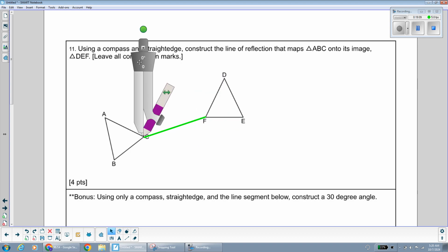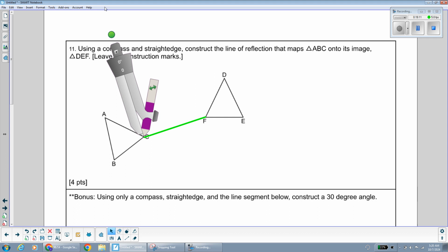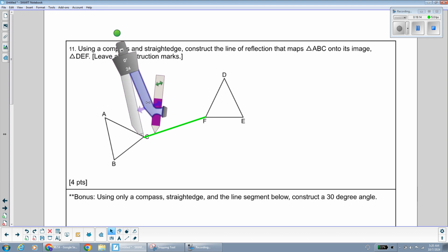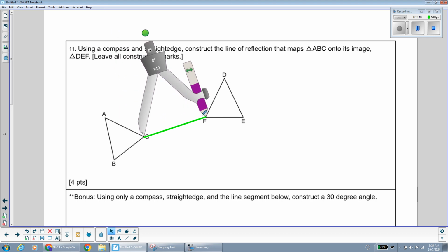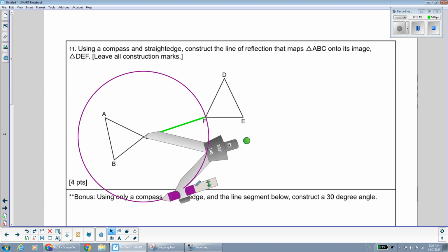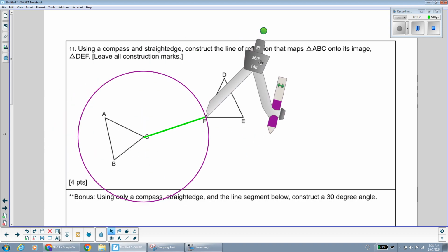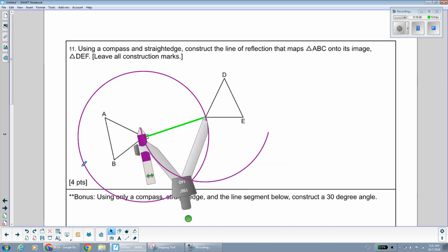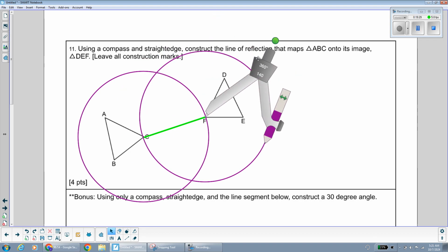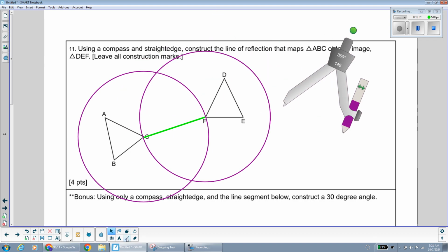And remember, we are perpendicular bisecting these corresponding points from the pre-image and the image because the line of reflection is supposed to be exactly in the middle of the 2 shapes. So that's the bisector part. And also remember that when you do a reflection, the points of the one figure move in a perpendicular direction over the line of reflection. So that's why we're doing a perpendicular bisector.